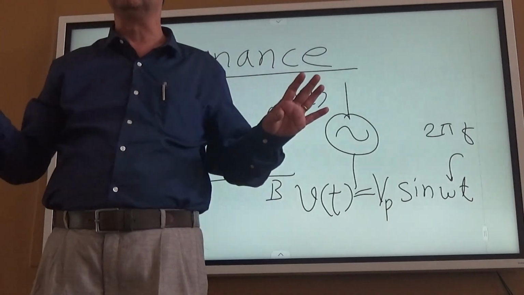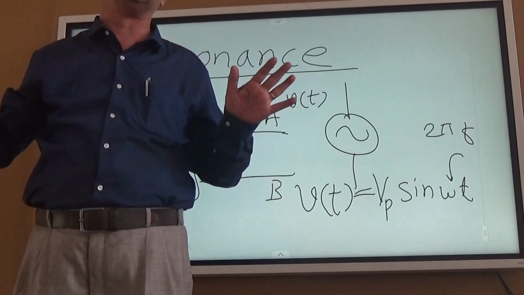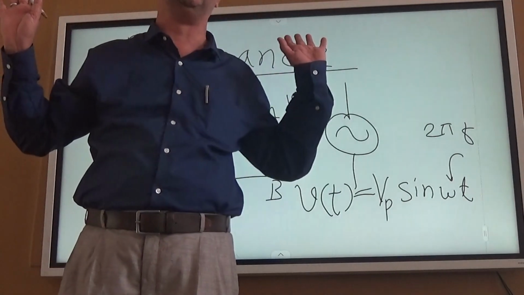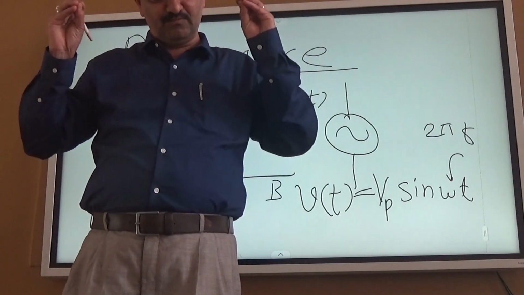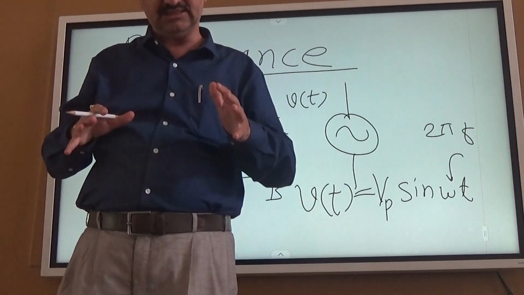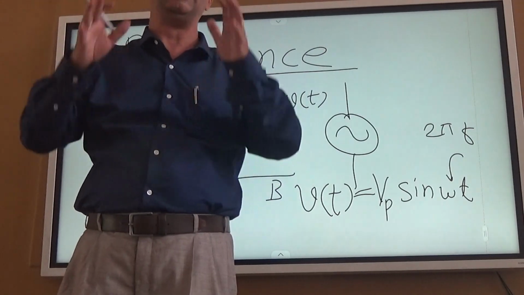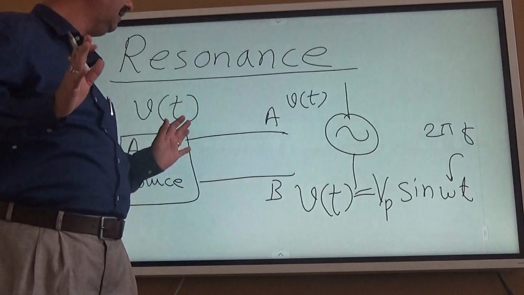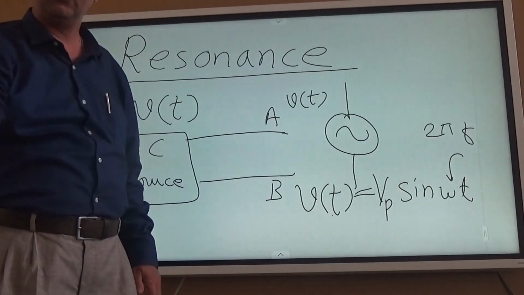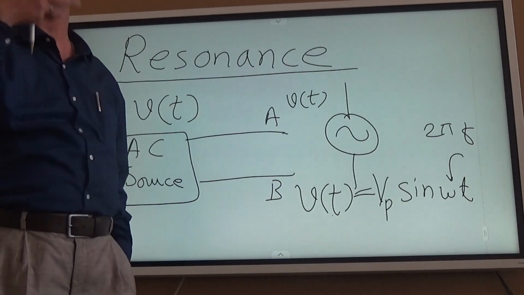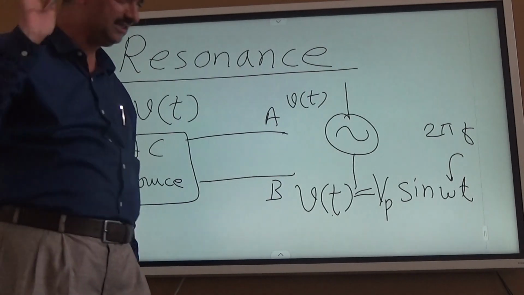Is it clear? You must have learned this in 12th and in first year in basic electrical engineering as well. So the module of resonance revolves around an alternating source. Why did we say T? Because it changes with respect to time. Vt is Vp sine omega t.